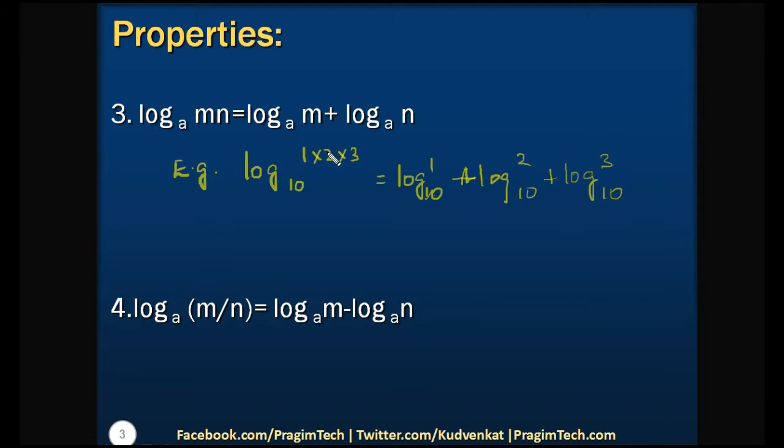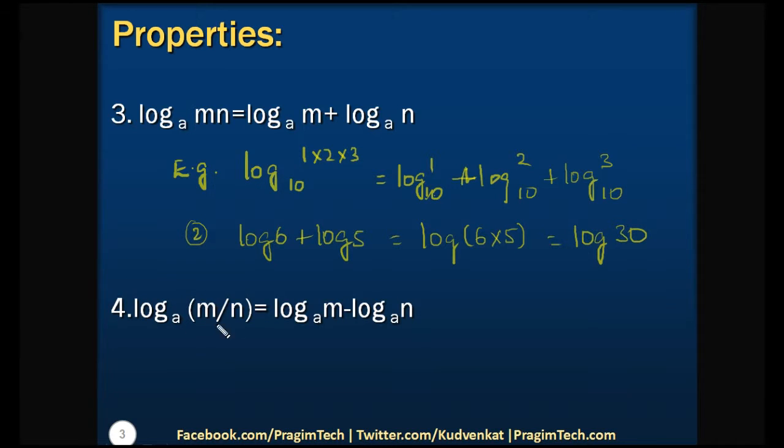So here product we can represent in the form of addition when the bases are same. Let's take one more example. Log 6 plus log 5, we can write it as logarithm of 6 into 5, that is nothing but log 30, right?